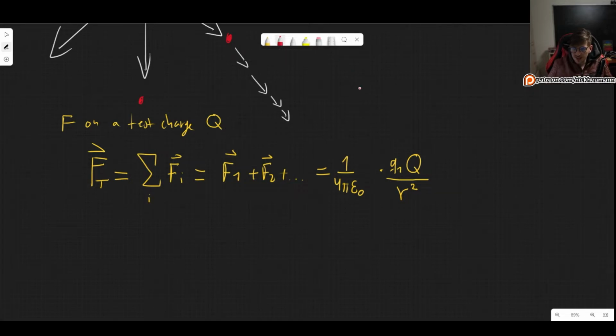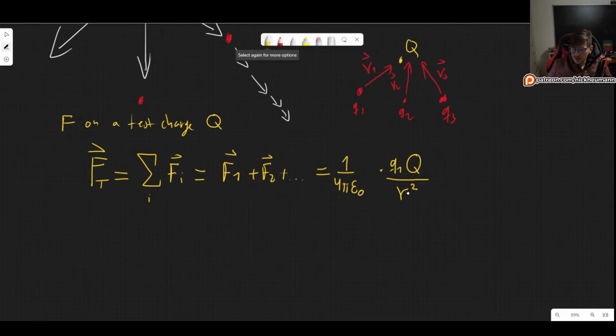So if this setup is something like Q1, and then we have Q2 and maybe Q3, and I'm not going to draw more because I'm lazy, and this here is Q, then this is the vector R1, this is the vector R2, and this is the vector R3.